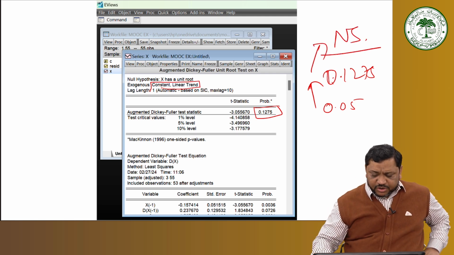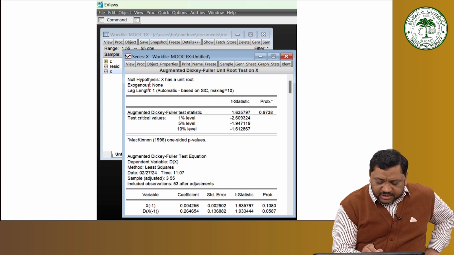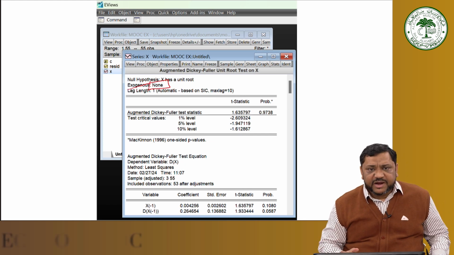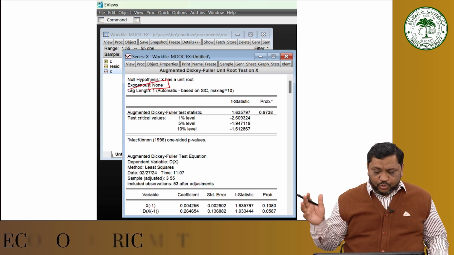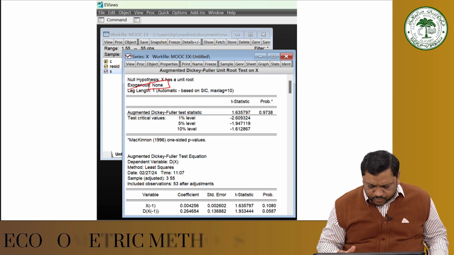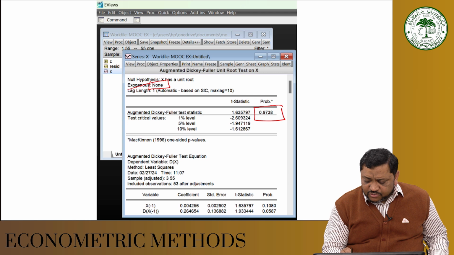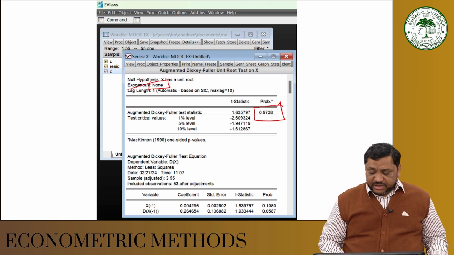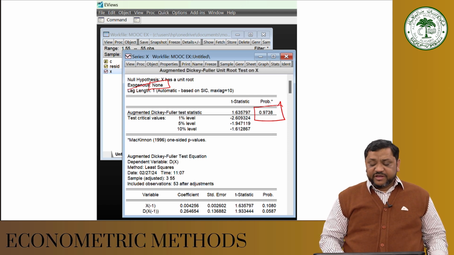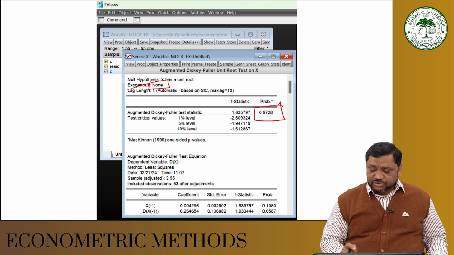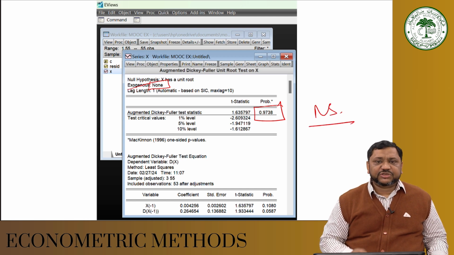Again we repeat the process with none, which means no drift parameter and no trend. In this case again, the probability value is more than 0.05. The moment it is more than 0.05, it is not stationary.